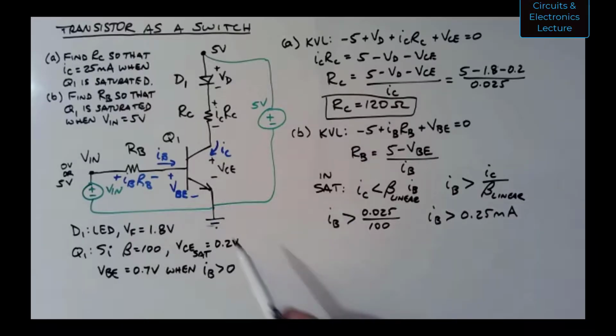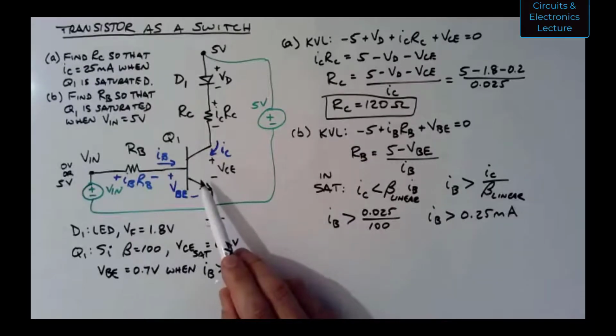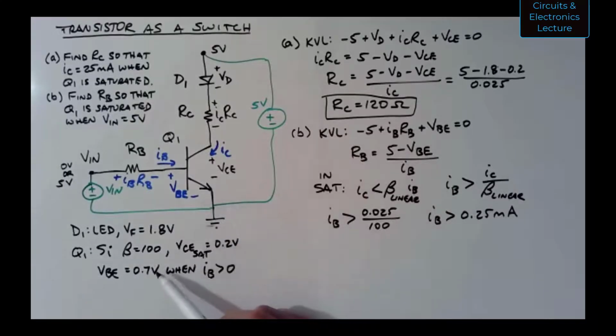But in the real world, the beta of these transistors varies from transistor to transistor, lot to lot, over temperature, and you can find that data in the data sheet. So this transistor might have a range of maybe 75 to 150. You might be conservative and say beta equals 75 if you saw a range, just to get your current right.